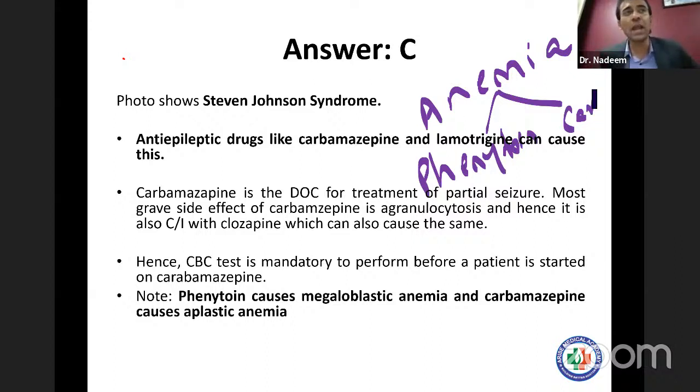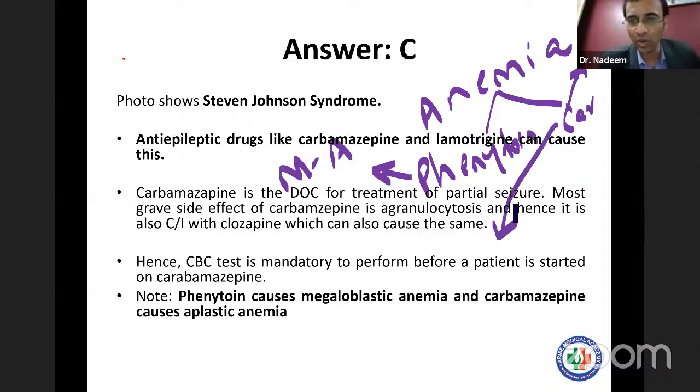But which type of anemia? Phenytoin will cause megaloblastic anemia, and carbamazepine will cause aplastic anemia.